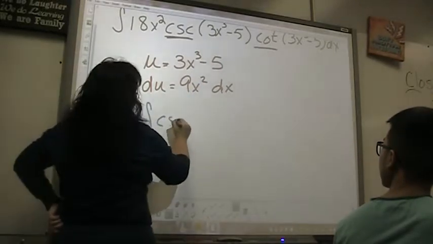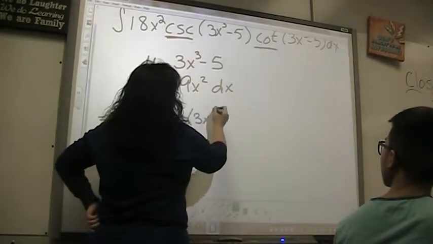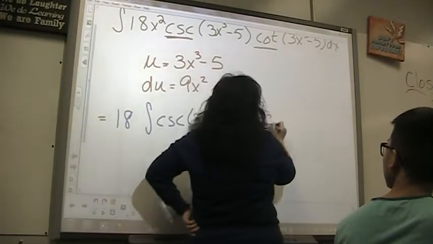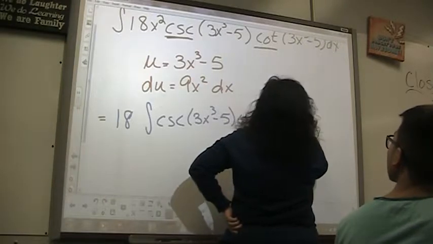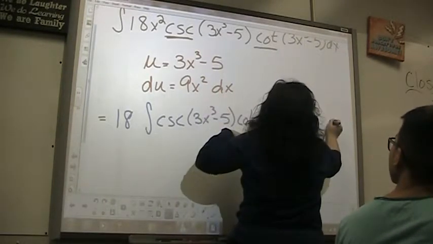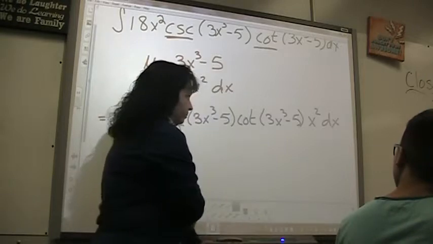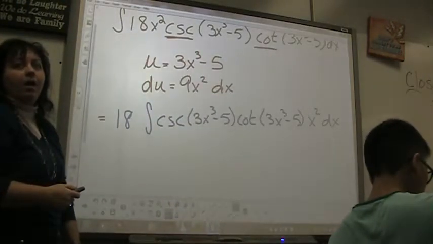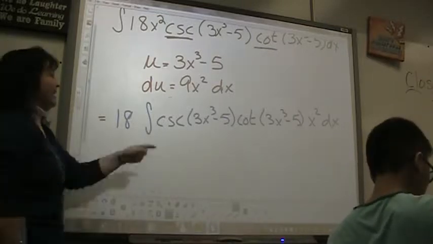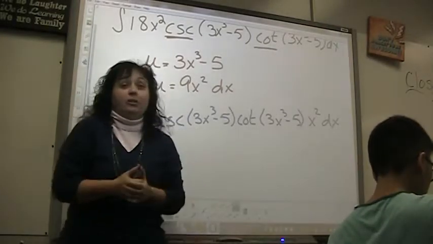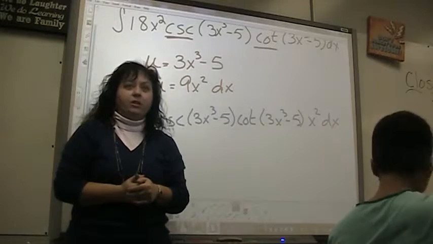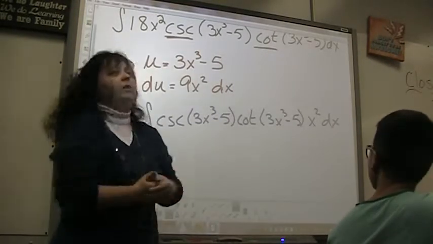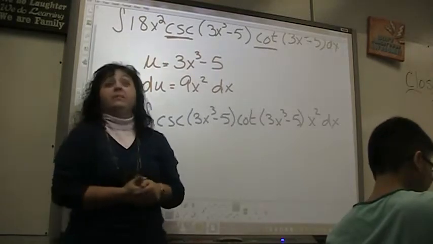So I get cosecant of 3x to the third minus 5, cotangent of 3x to the third minus 5, x squared dx. Why do you have to put the 18 out? Because I can't handle the 18, because I don't have an 18 to replace it with. I need you to have patience to make my substitution.